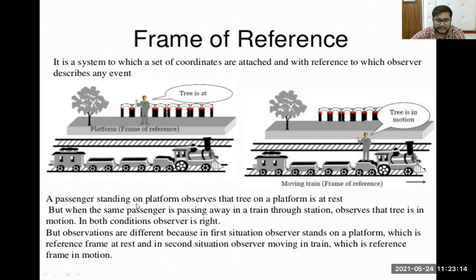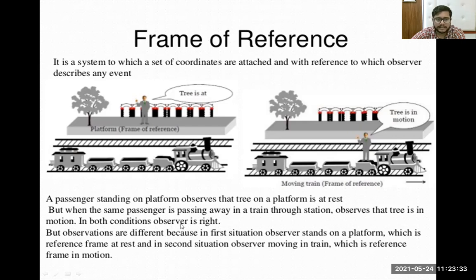A passenger standing on the platform observes that the tree on the platform is at rest, but when the same passenger is passing through the station in a train, he observes that the tree is in motion.